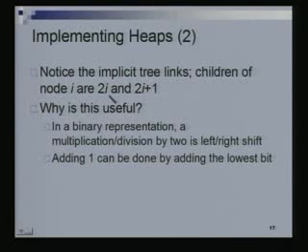The children of a node i are at locations 2i and 2i plus 1. And this is very useful, right? In binary, multiplying by 2 just corresponds to a left shift, and multiplying by 2 and adding 1 is equally simple. So one can quickly figure out the children of a node or also the parent of a node by just doing one left or right shift and an increment operation. So this makes the operations really fast when you are trying to access the parent or the children of a particular node.